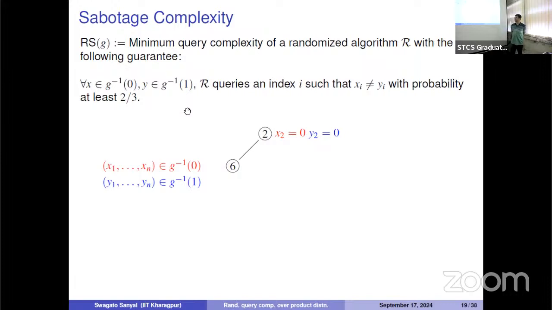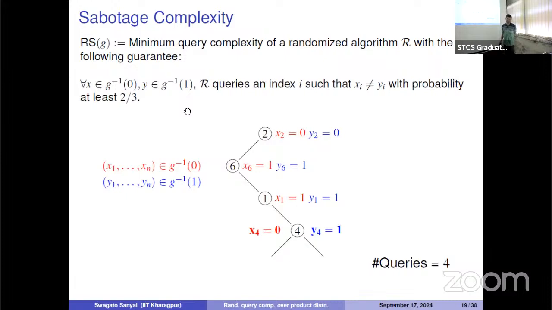So then you go to its left child, which queries the 6th bit. Both are 1, go to its right child, which queries the 4th bit. And let's say here the 4th bit of X and Y are different. Then you have distinguished X and Y and have spent 4 queries.